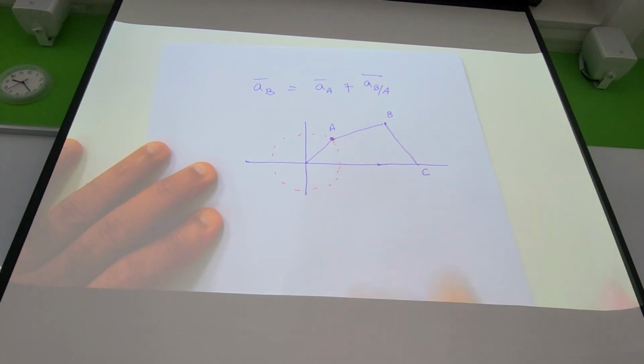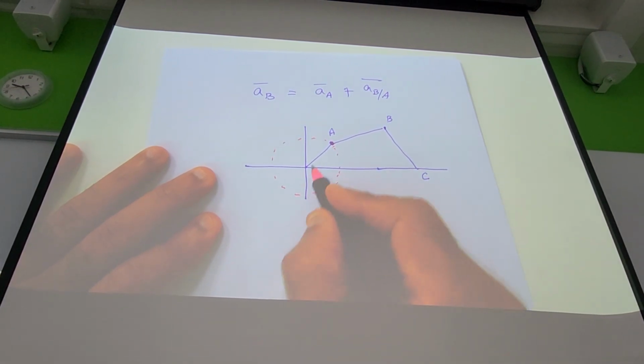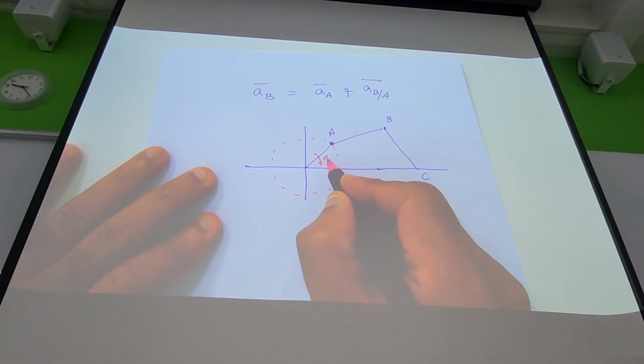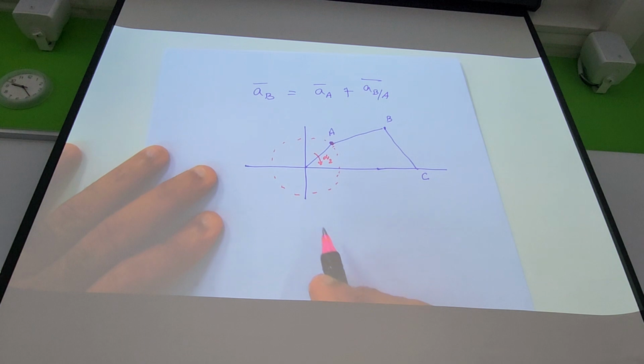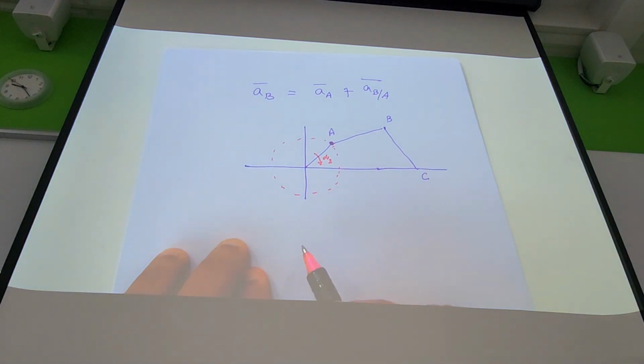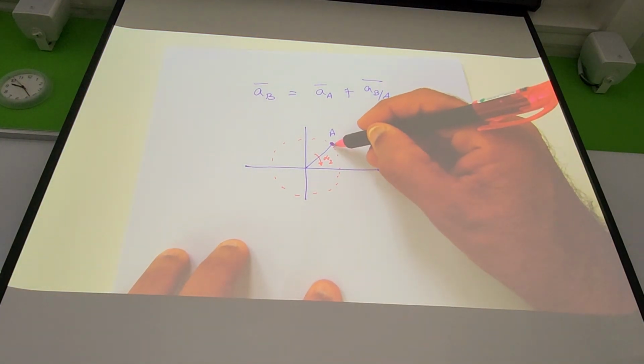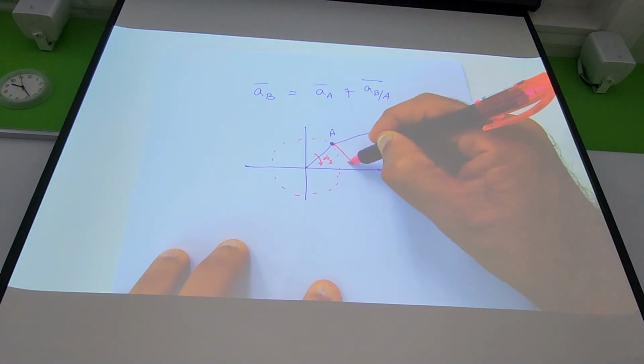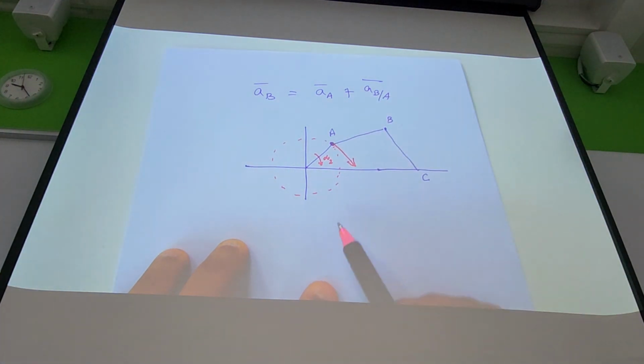So there will be 2 components: one is the tangential component and the other one is the normal component. Let us consider the angular acceleration alpha 2 is clockwise, and the tangential component will be perpendicular to the link like this.